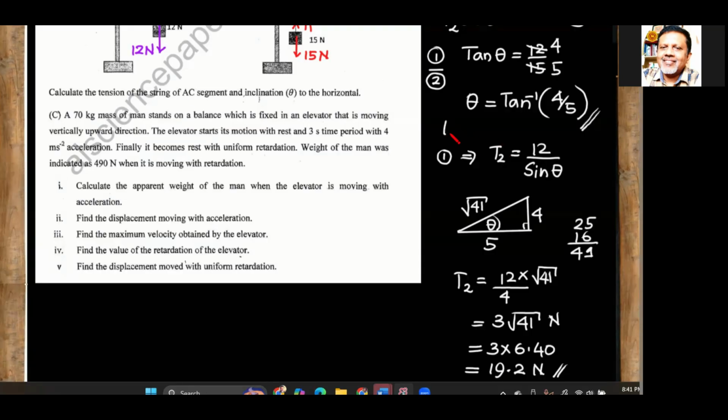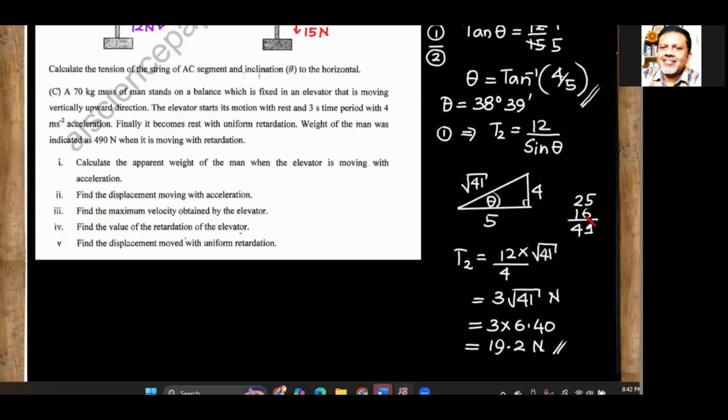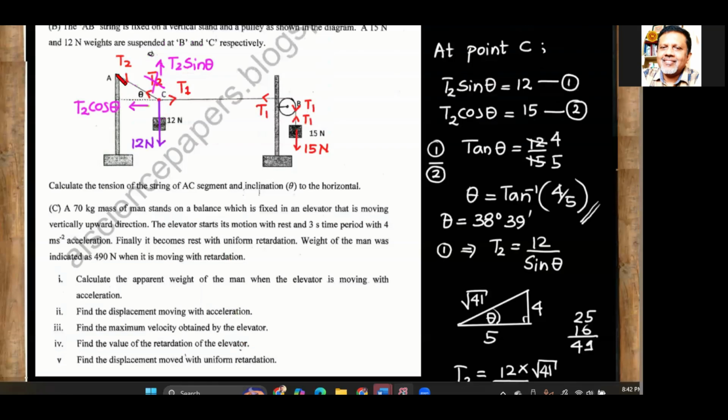So theta is given as 38 degrees and 39 seconds, something like that. And if you know that angle, you can directly go to the sine theta and cos theta with the logbook or trigonometric chart, right? So that is the way we have to calculate the tension at this part.